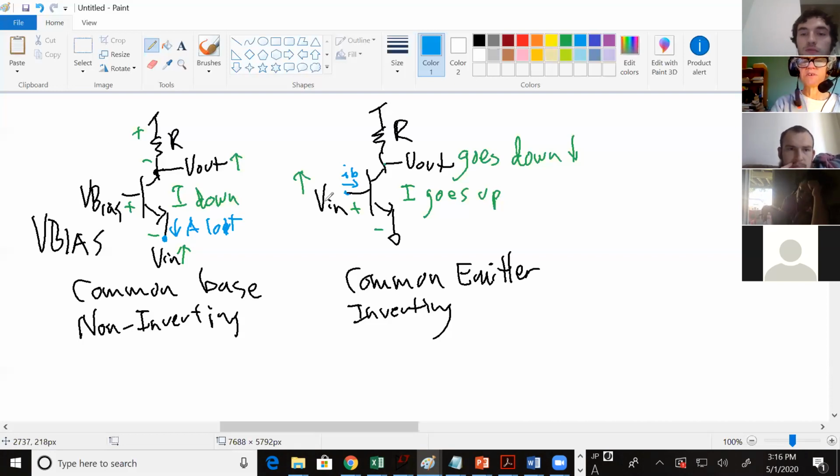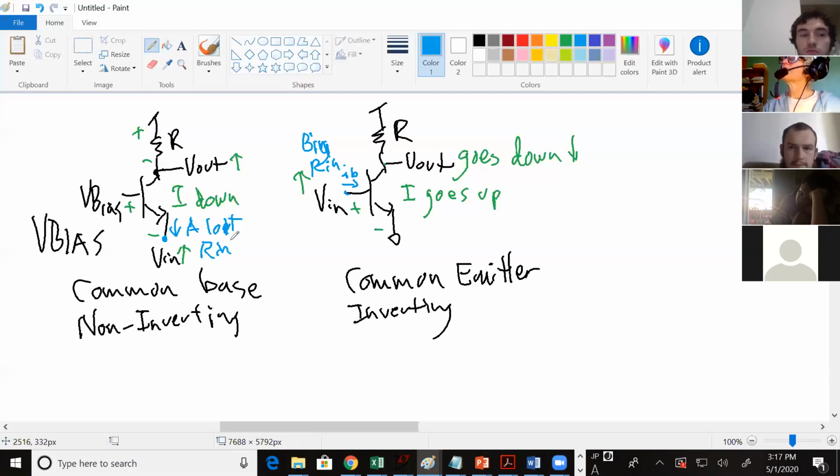Does this look like a big resistor or small resistor? Big resistor. So the common emitter has a big R in. Over here, I changed V in, and the current changed a lot at the input.